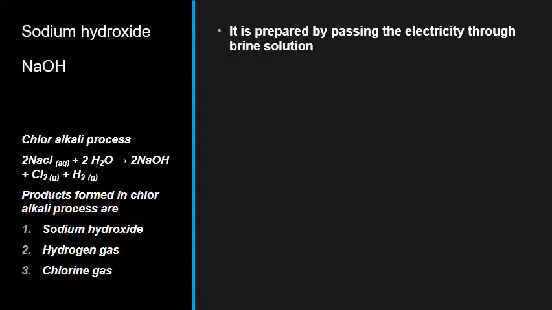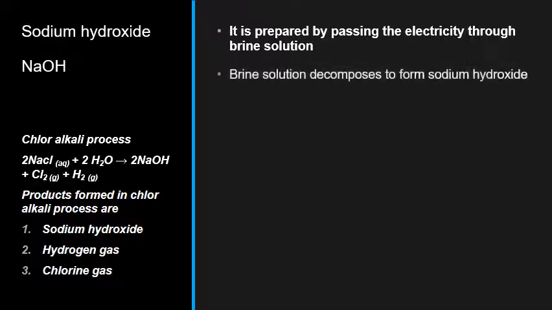So how is it prepared? It is prepared by passing electricity through brine solution. Then what will happen when electricity is passing through the brine solution? Brine solution is an electrolyte, and it will decompose and form ions, positive ions and negative ions.